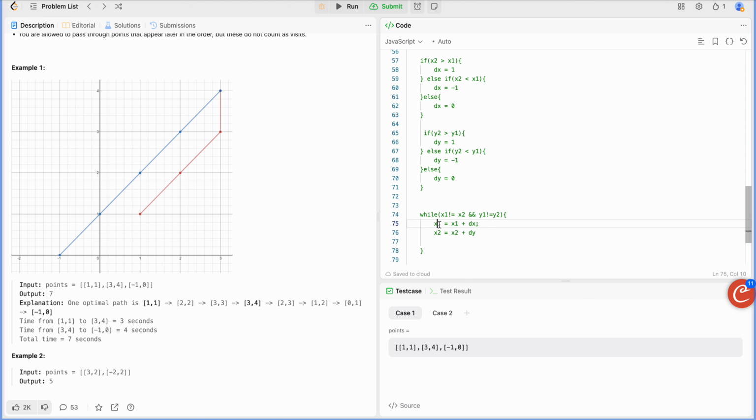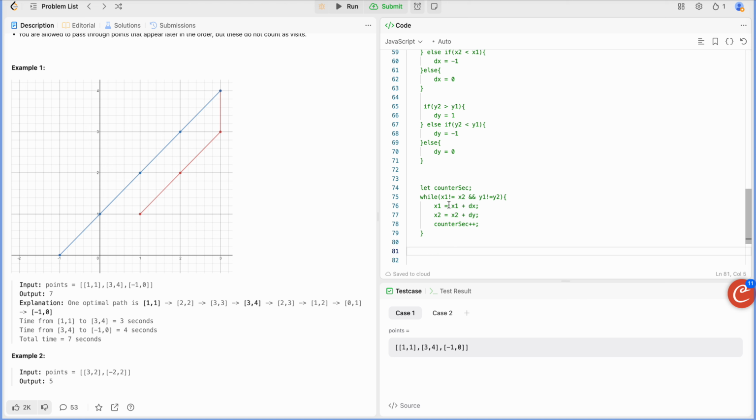I'm constantly trying to reach this point, and every time I do this, I will also add, so there will be one counter, right? I will increment that counter every time, or counter second, or total number of seconds. So counter second will be incremented every time.